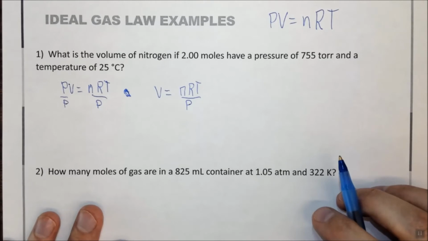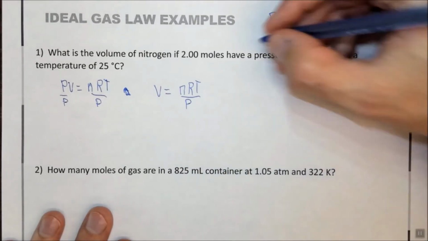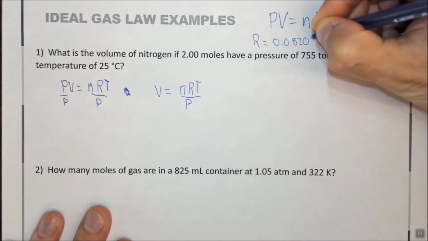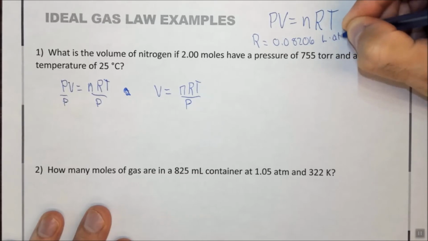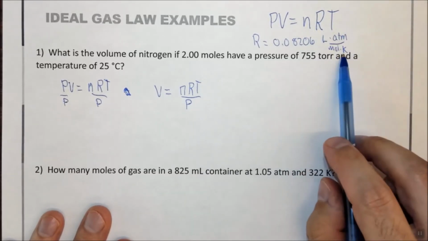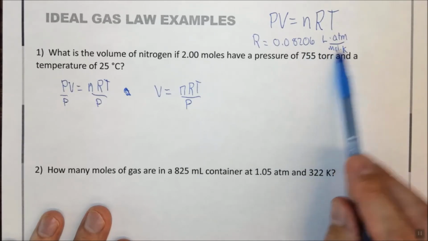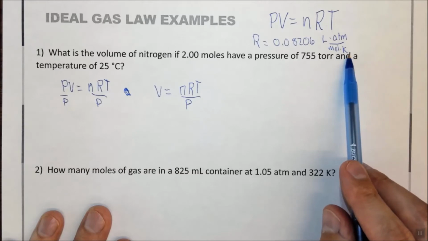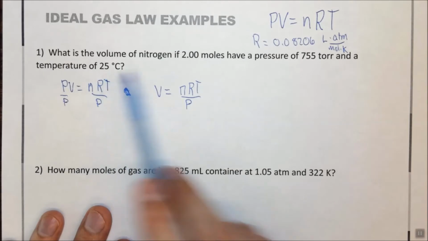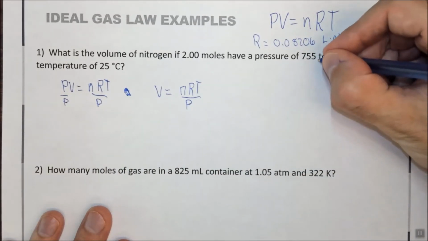Now we need to plug in, but before we do that, we need to convert some units. Because R is equal to 0.08206 liter atmospheres per mole K, these are the units of the individual things. So the volume has to be in liters, the pressure in atmospheres, the amount in moles, and the temperature in Kelvin. Well, we're given the amount in moles, that's good. We are not given the temperature in Kelvin or the pressure in atmospheres. So we need to convert this to atmospheres.